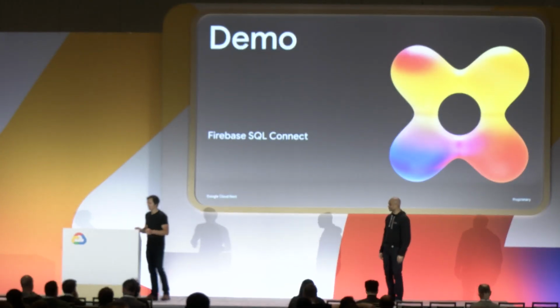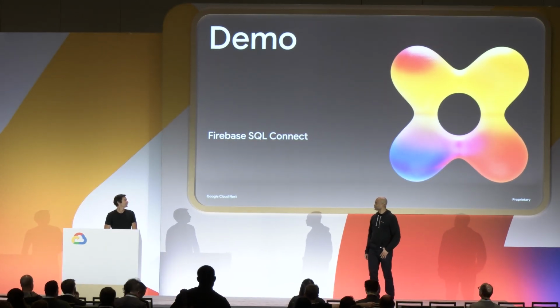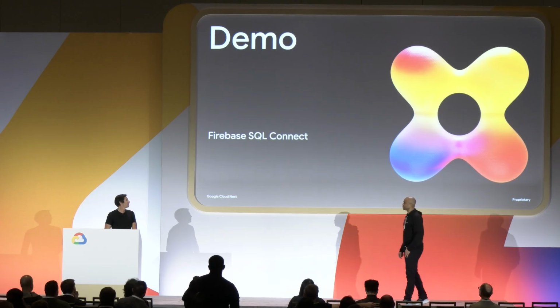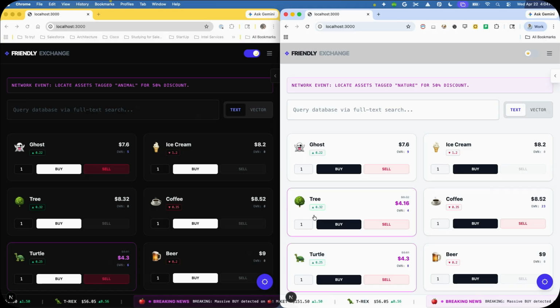Let's dig in. Let's go to the laptop really quick. Can we switch to the laptop? There you go. So here we built a very fun application. It's an emoji stock exchange, or an emoji exchange. You have a list of emojis, a dashboard of emojis in the center.